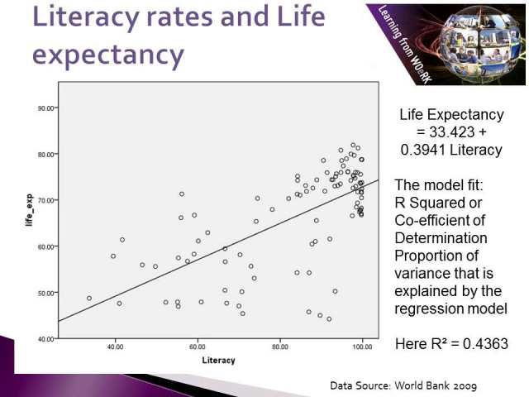Here's an example of a scatter plot with a linear regression line plotted. Here we can see that the dependent variable is life expectancy and the independent variable is literacy. The data set used is from the World Bank data sources on country level statistics.